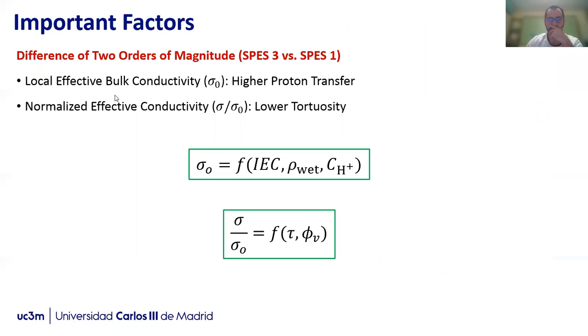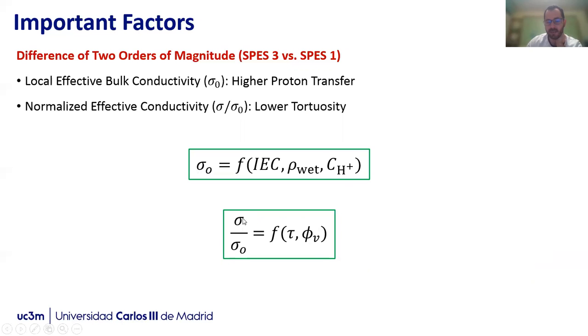So for instance, the results can be summarized in two parts. We have the bulk conductivity, which is a function of the ionic exchange capacity, the concentration of fixed charge. This is something we can control. All these variables have an impact on the bulk conductivity. But then we have also the structure.